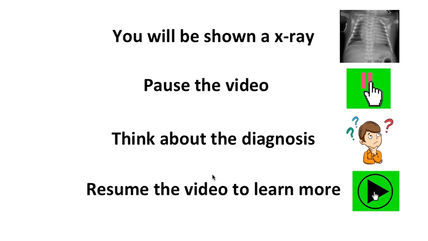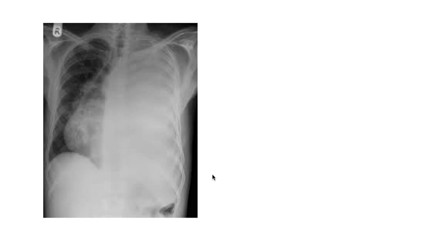So let's begin. This is the first X-ray. I have shown you this already. What will you say in the exam? What is abnormal in this X-ray? We can see an opacity on the left side. What kind of opacity is it? It's a homogeneous opacity. Is it in some particular zone, upper or middle?